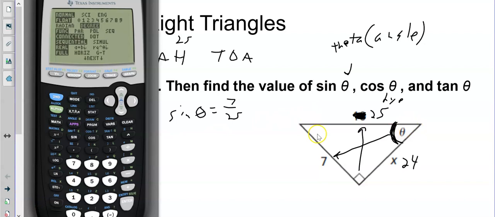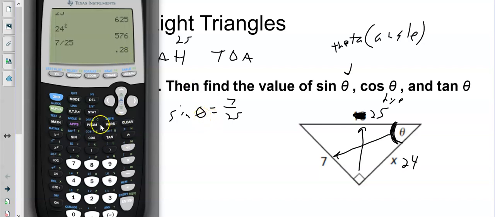Little common sense kicked into my brain and said, hey, there's no way this angle is 0.28, less than 1 degree. So I'm going to try this again. Oh, no, 0.28 is correct. I have to do the inverse sine, because I'm trying to find the angle. Sorry, my brain is a little off.